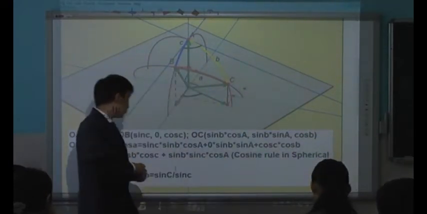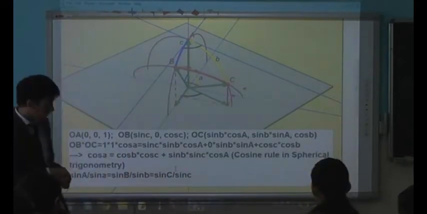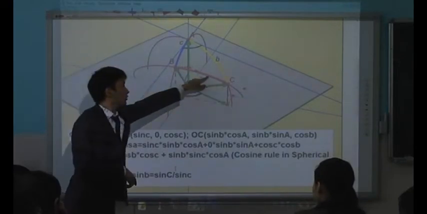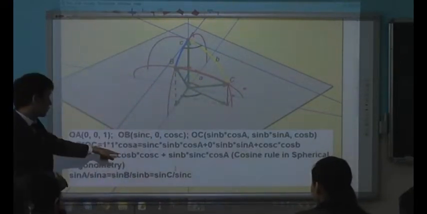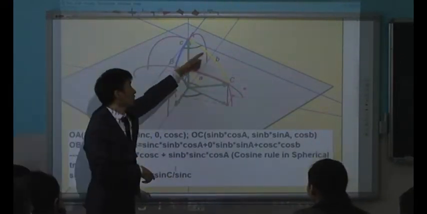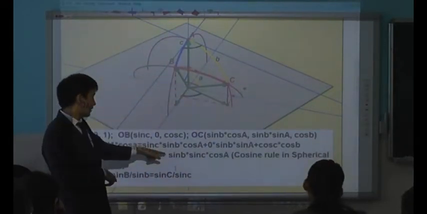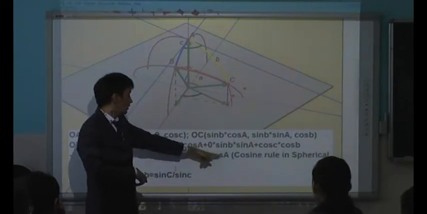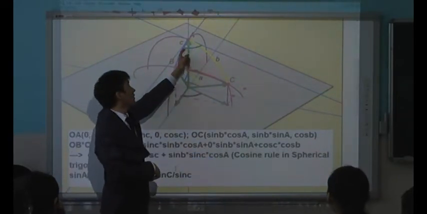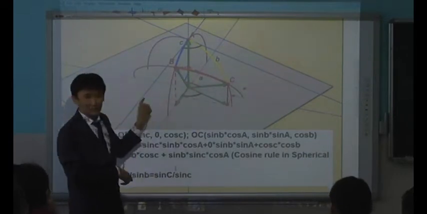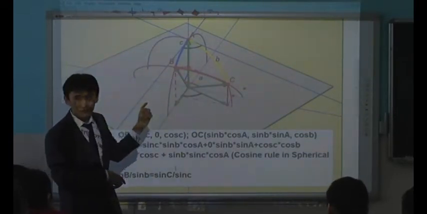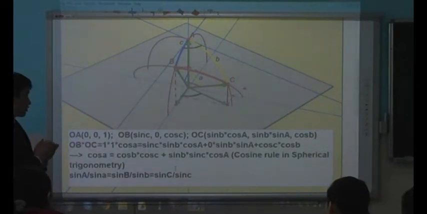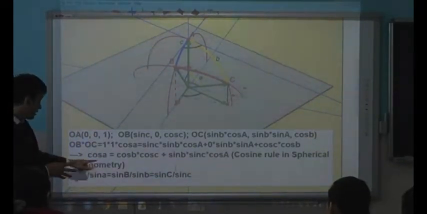Here we get the formula: cosine of the arc A is equal to cosine B times cosine C plus sine B times sine C times the cosine of the angle between these two arcs. Is this clear? Okay, this theorem is called the cosine theorem, or cosine rule, in spherical trigonometry.